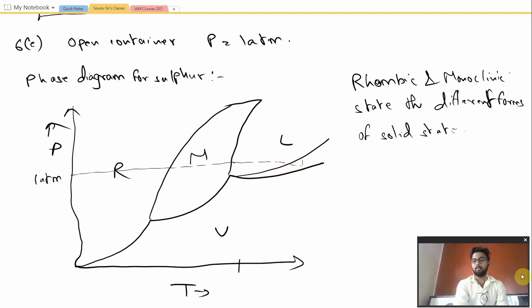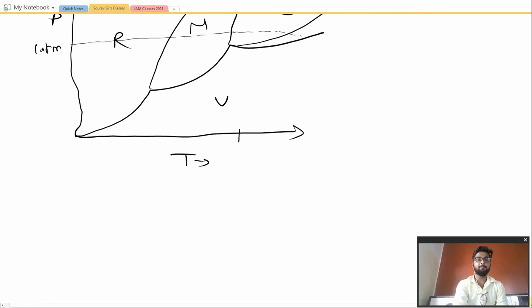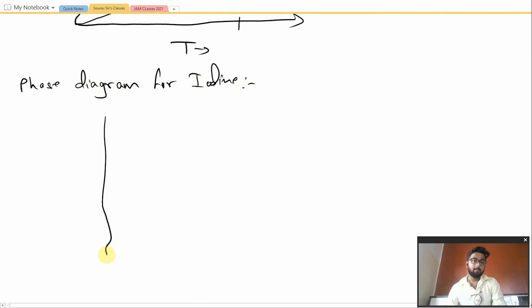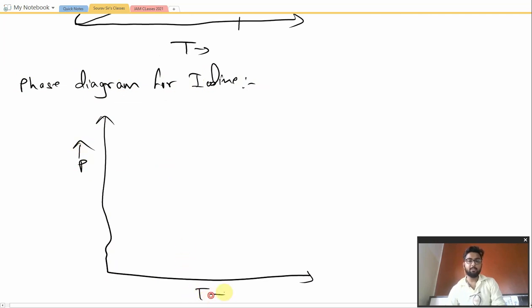Now let us draw the phase diagram for iodine. We have pressure over here, we have temperature over here. So this is the phase diagram for iodine. This is solid, this is liquid, and this is gas.